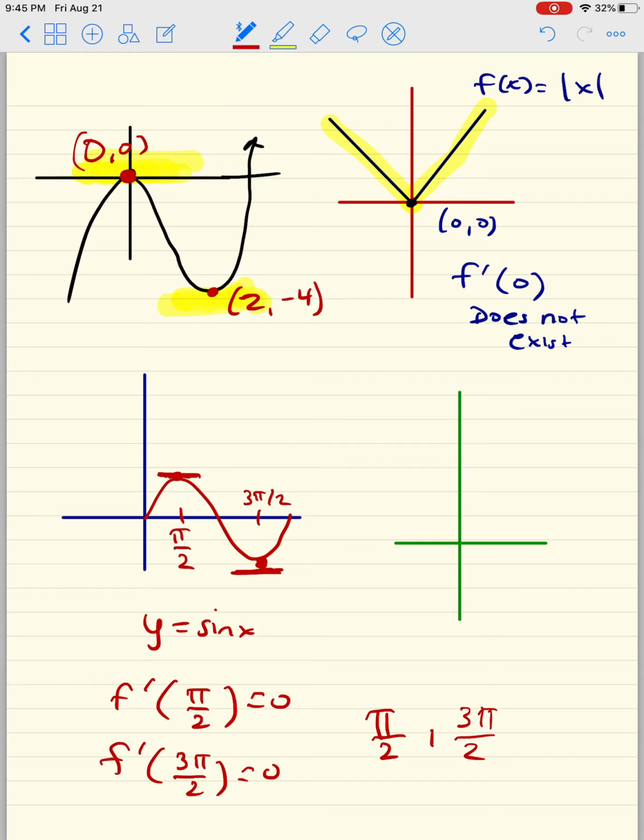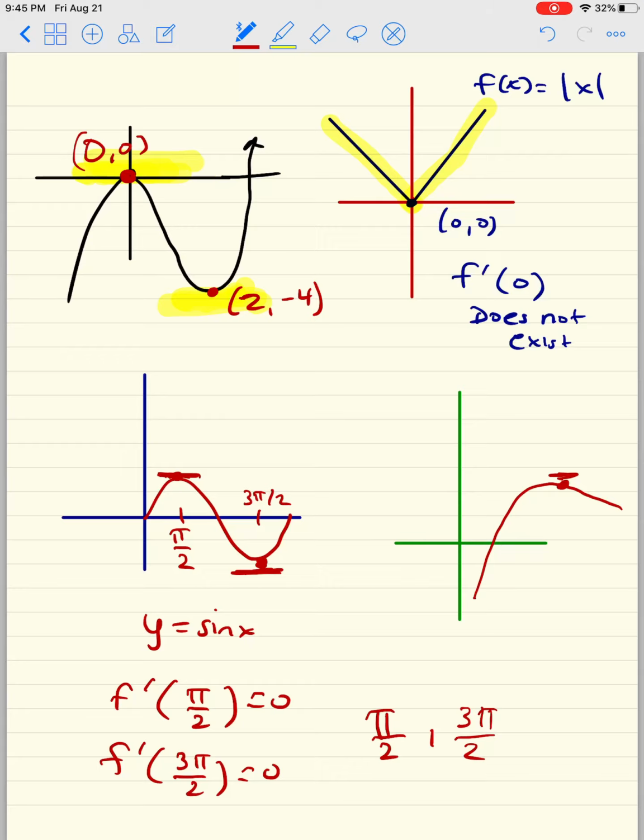So a critical number is where the derivative is equal to 0. Okay? So you might have something that basically increases and then slowly decreases? Well, there might be a slope of 0 somewhere around here, and that would be a critical number. So a critical number is where the derivative is equal to 0.